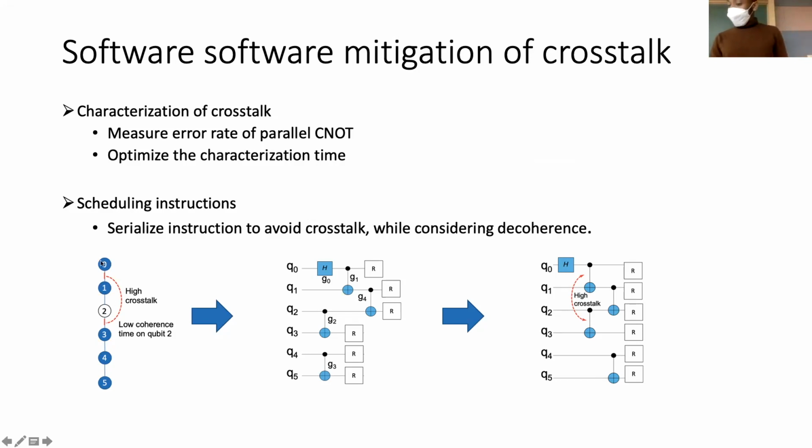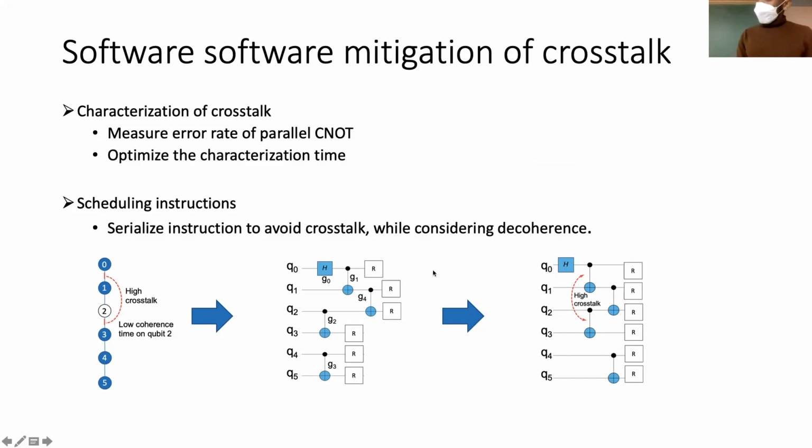Assume this is just a 5-qubit quantum computer, and qubit 2 has a lower decoherence time. This means we need to apply the first gate and the last gate near each other so that qubit 2 doesn't lose its information.